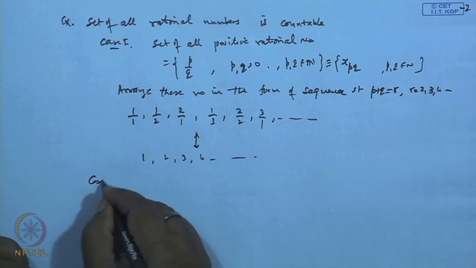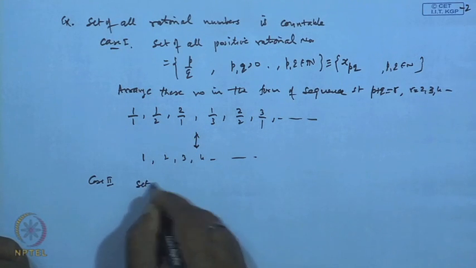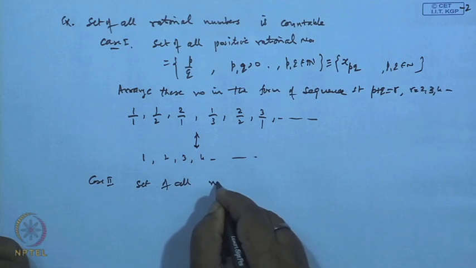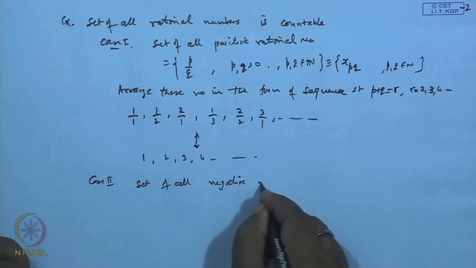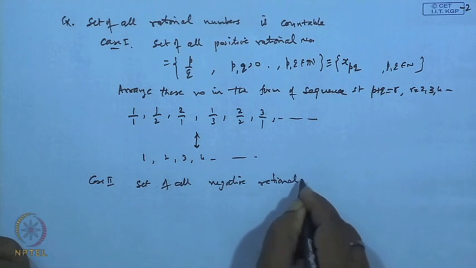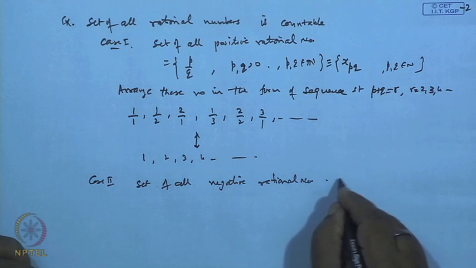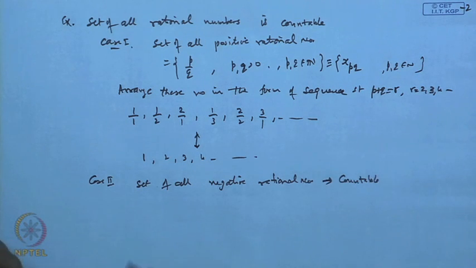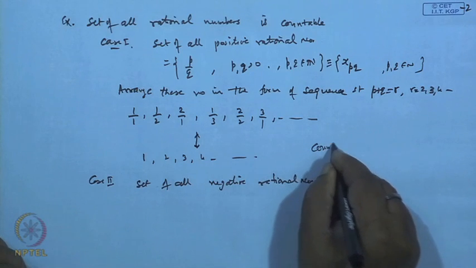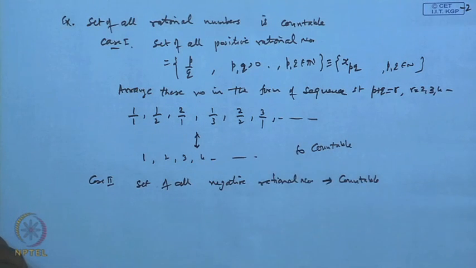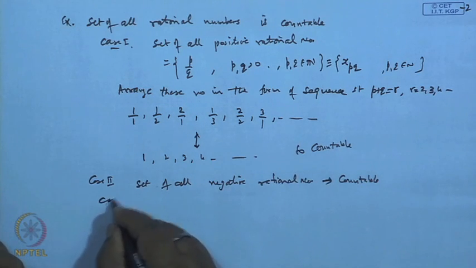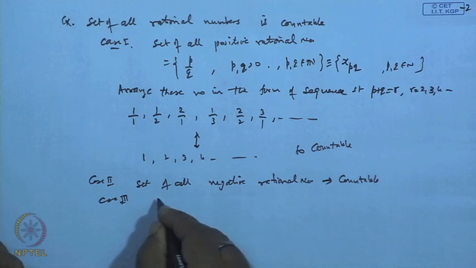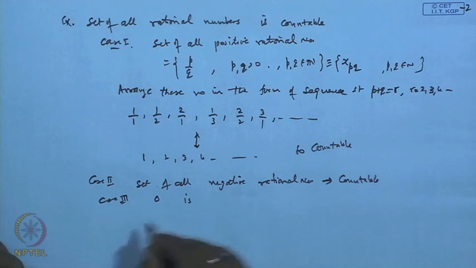Then the same case is with the set of all negative rational numbers. In a similar way, it is also countable. And the singleton set 0 is a finite, hence countable, set.